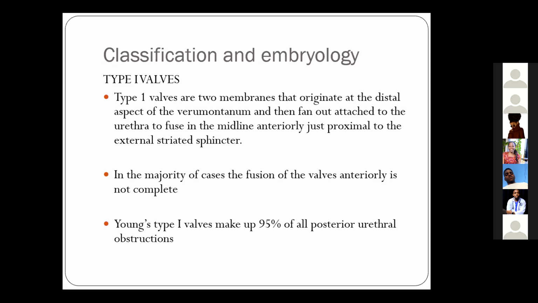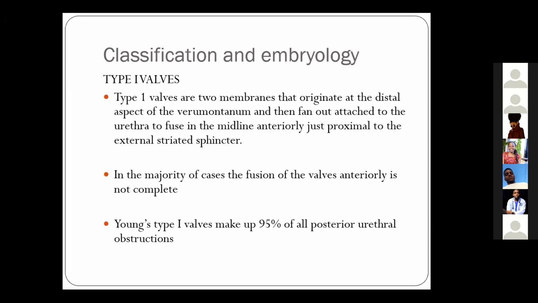So type number 1 comes from the veru, and they go anterior, or you can consider it distally, and they fuse. They attach just proximal to the external sphincter, and therefore during treatment, if you are not very precise, you can easily injure the external sphincter.